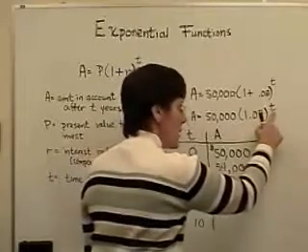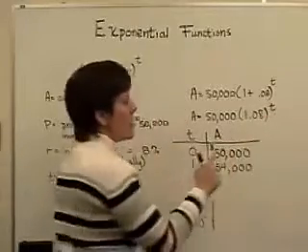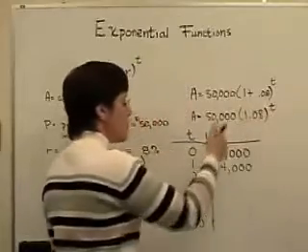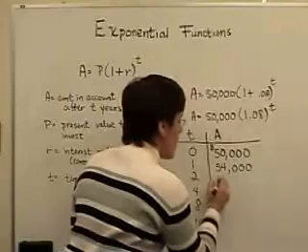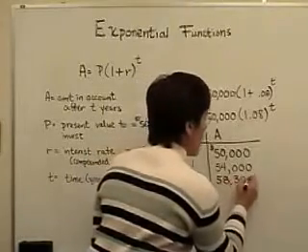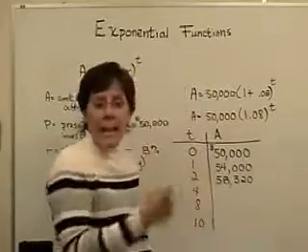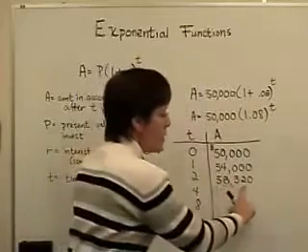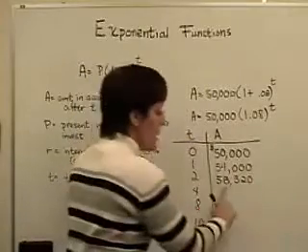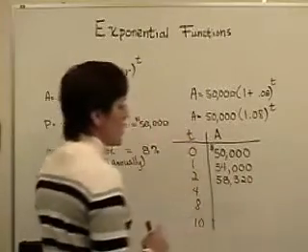By putting a 2 in here, you have to use your graphing calculator, 1.08 to the second power, multiply it by $50,000, you get $58,320. So compounding our interest annually in this case earned us a little bit of extra interest over and above the first year where we only earned $4,000. This year we earned $4,320.